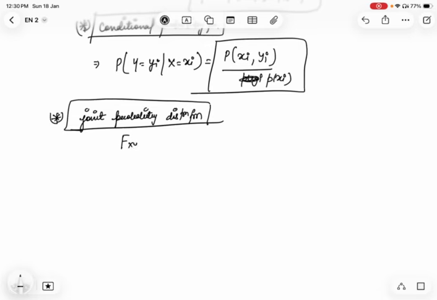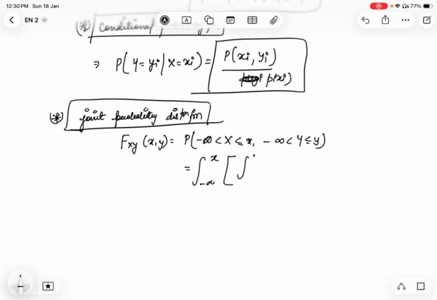It can be written as Fxy(x, y), that is the probability of X less than x and Y less than y, with X and Y ranging from minus infinity. We can write it in the form of an integration from minus infinity to x and minus infinity to y of fxy(x, y) dx dy, where fxy is greater than 0.